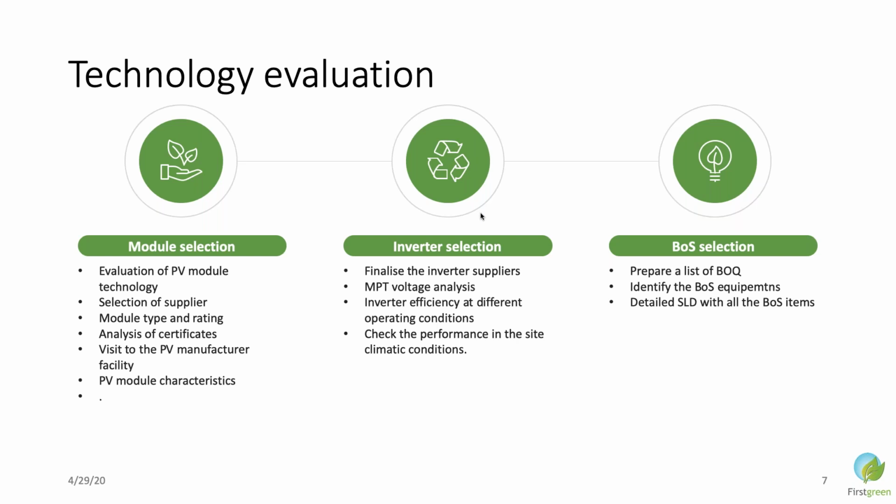Then we have the inverter also as a heart of your system, which receives the DC input from the PV modules, and you will be able to finalize your inverter. At this stage, you should be clear that whether you want to go with a string inverter or a central inverter. This decision is not only a yield specific decision, but it is also dependent on what your site conditions are.